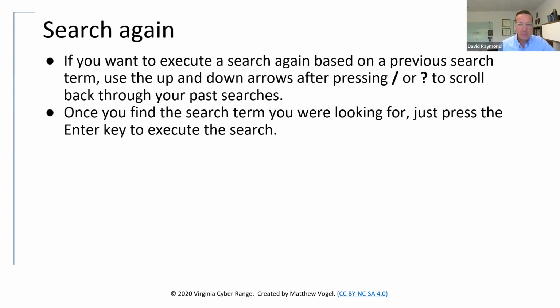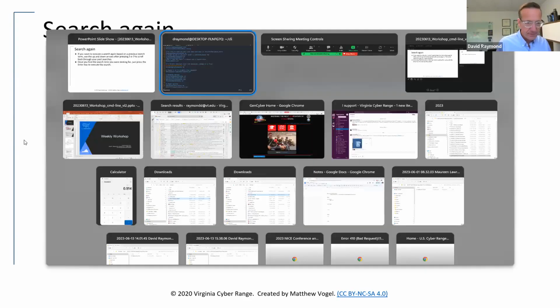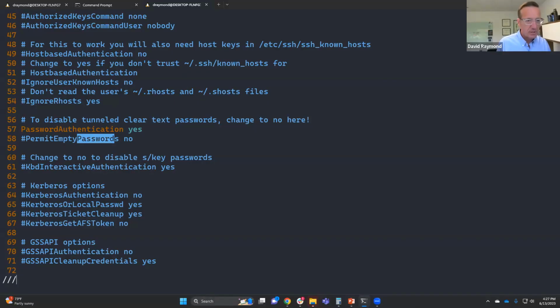And go to the next, search again. Okay, and I can search again on a previous search term. I can also search again using the slash enter or the question mark enter to go through previous searches. So if I go slash, I arrow up and these are my previous searches.